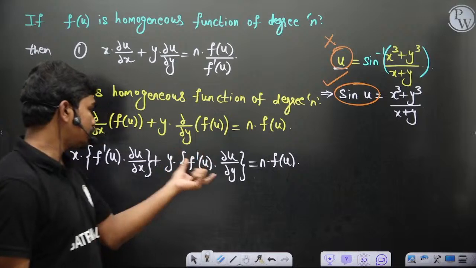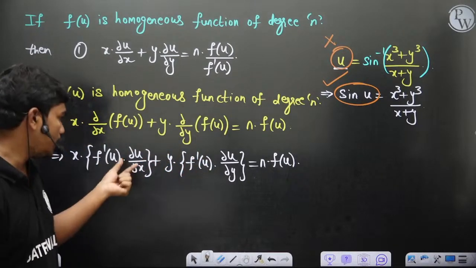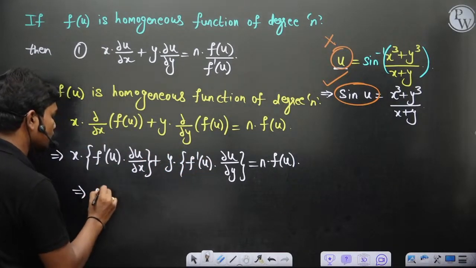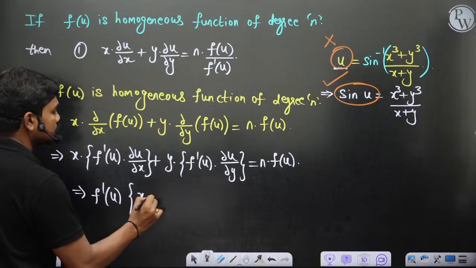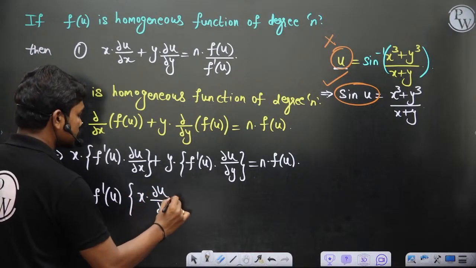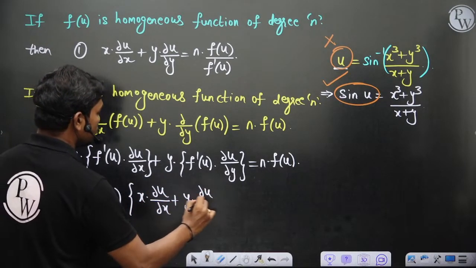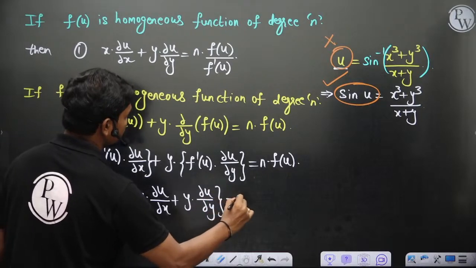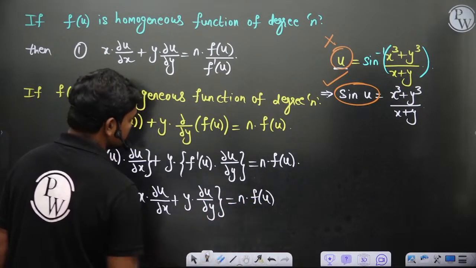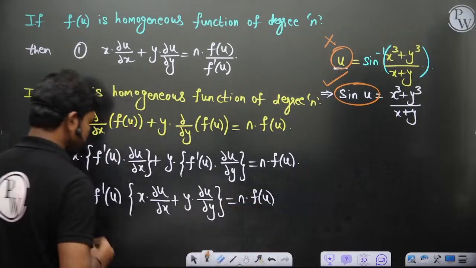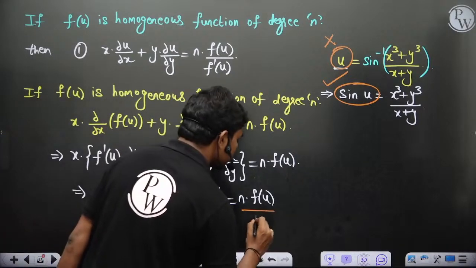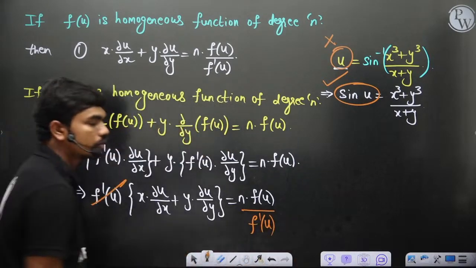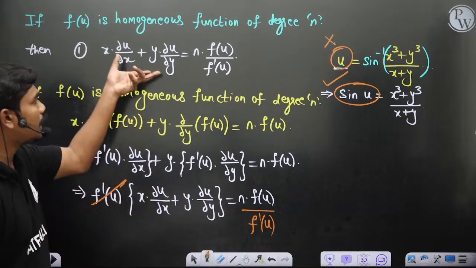Now from these two terms you can pick f dash of u common. Then x into dou u by dou x plus y into dou u by dou y is equal to n times f of u by f dash of u, obviously. So if you divide by f dash of u, you get the result. That's why I have given you this result.